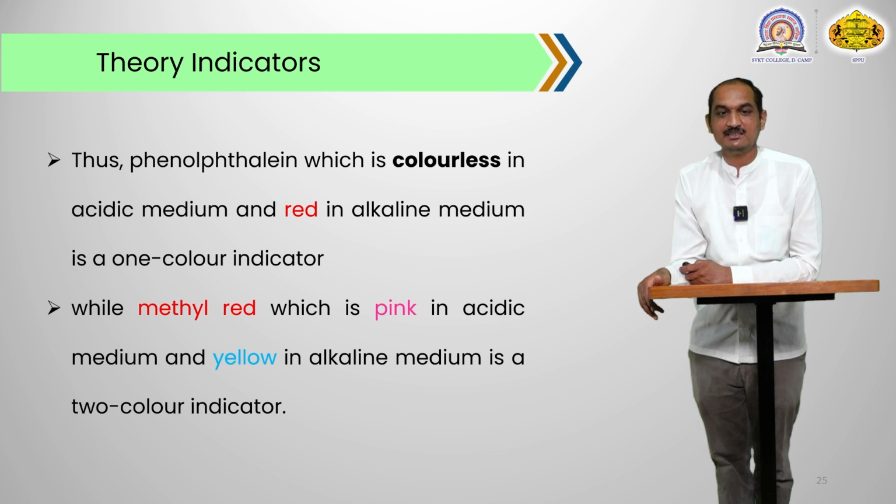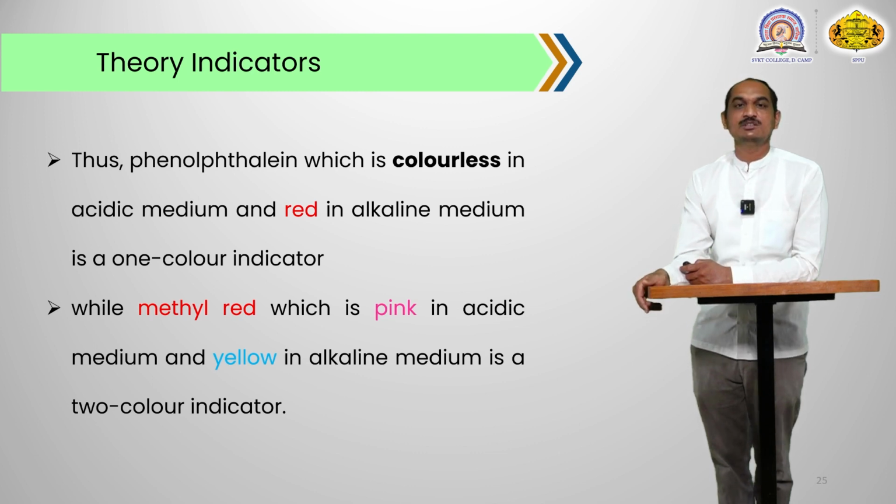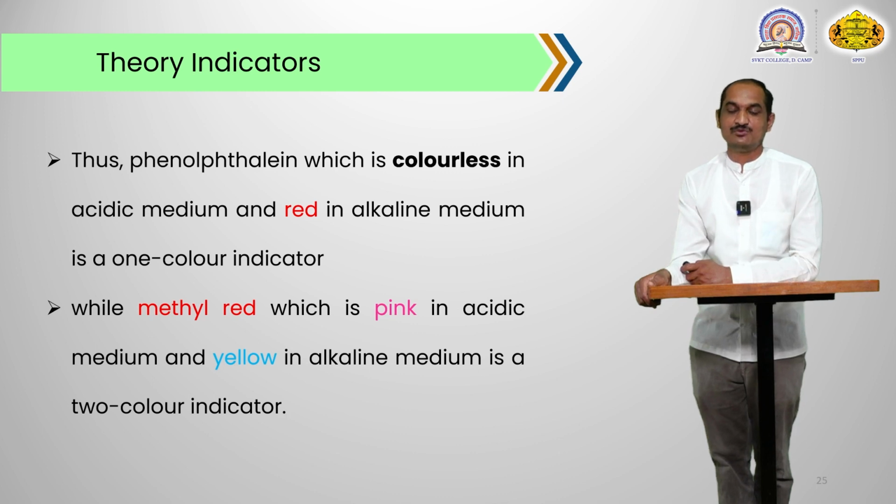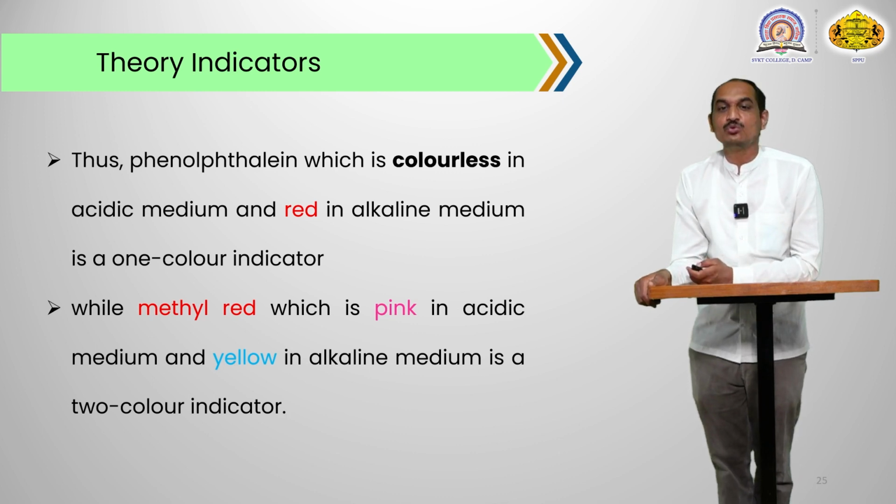Phenolphthalein is a one color indicator because it is colorless in acidic medium and shows a red color in alkaline medium. On the other side, methyl red, which shows a pink color in acidic medium and yellow color in alkaline medium, is an example of a two color indicator.